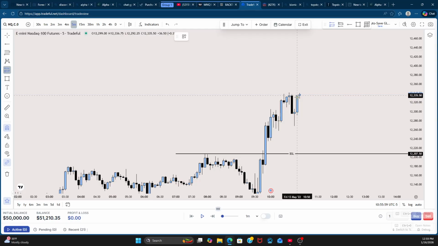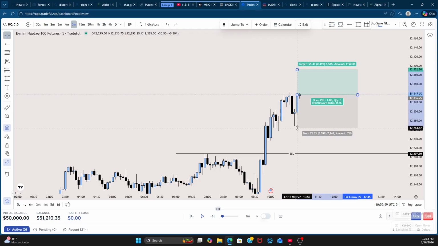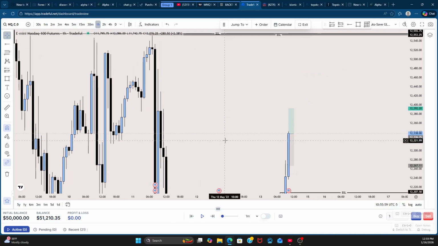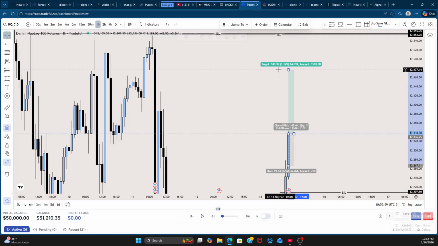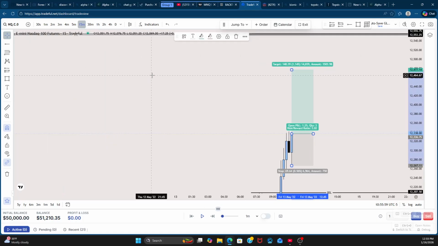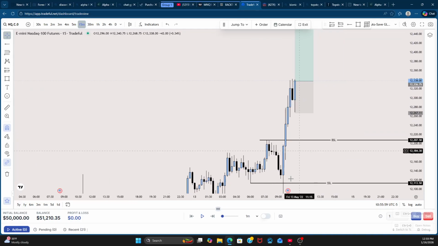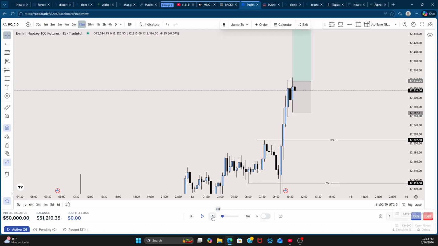Hell yeah, give an entry at 10:50. I like that. That's beautiful, actually. And then target all the way up to this high. You know, I don't know how I feel about that. We have an unfilled 15-minute resting right below us we might want to retrace into.